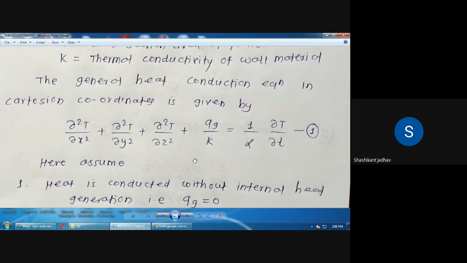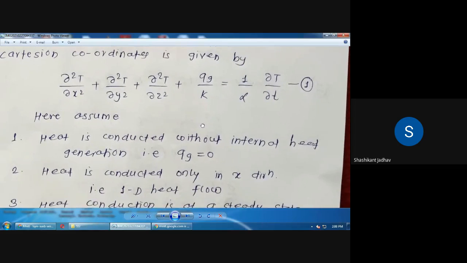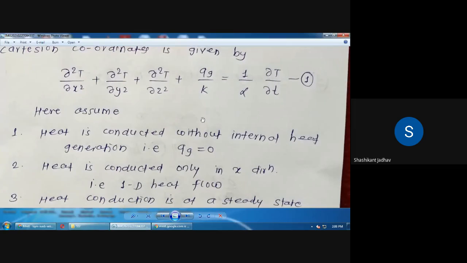Here, assume the following. Write down the assumptions we are considering to derive this particular equation. First, heat is conducted without internal heat generation, that is Qg is equal to 0.